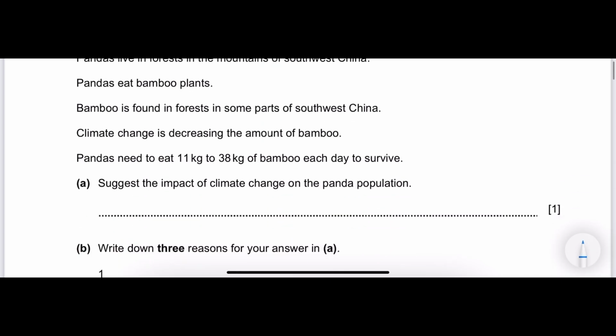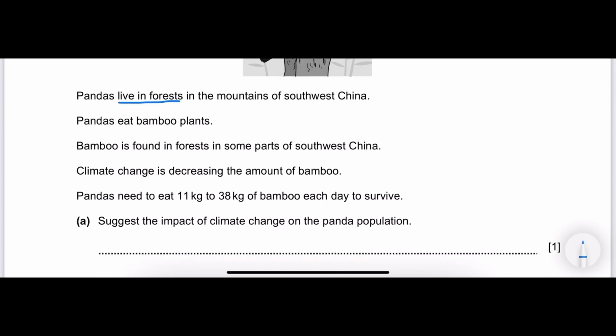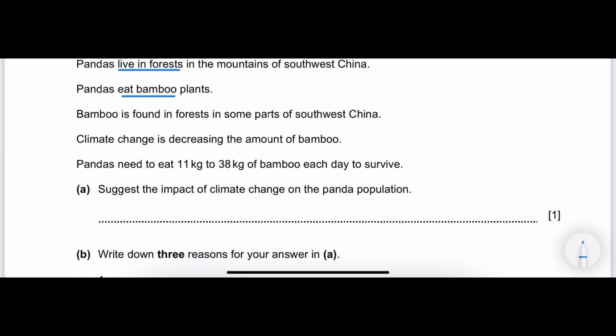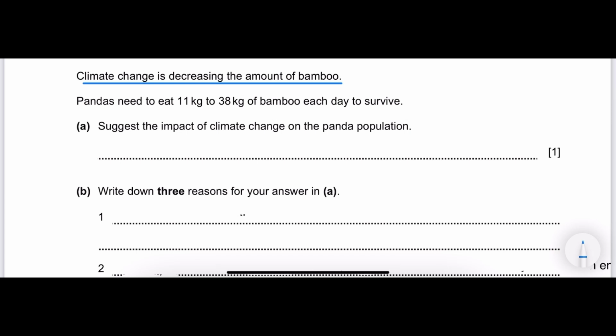Question 9 asks about how climate change affects panda populations. Panda populations will decrease due to less food, since climate change is reducing the amount of bamboo.